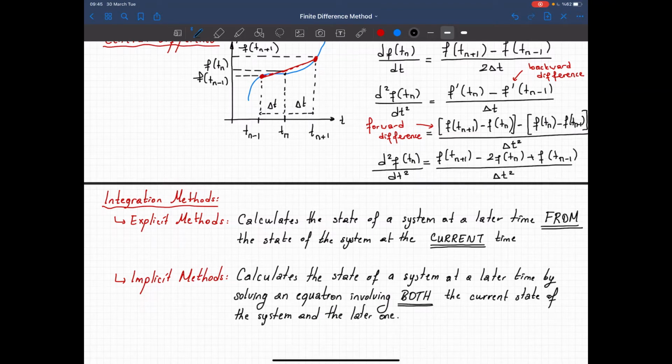So in the implicit methods, we gather equations from the current time step and the later time step, combine them and obtain a system of equations and solve the system of equations. In the explicit method, there is no solution of the system of equations. You just determine everything that you know, and from that you jump to the next time step.